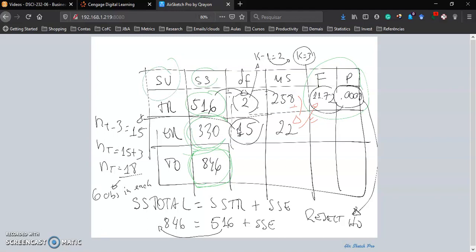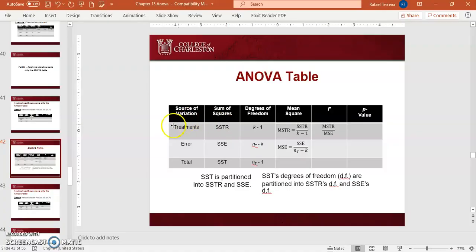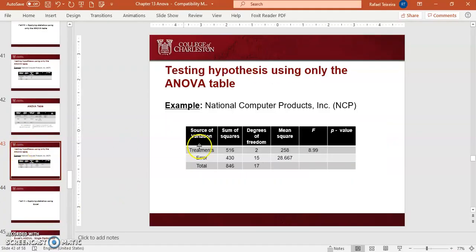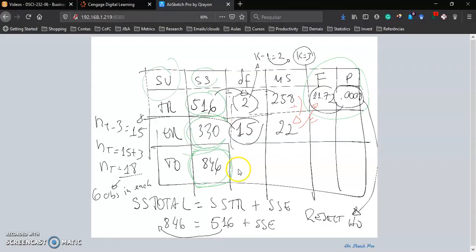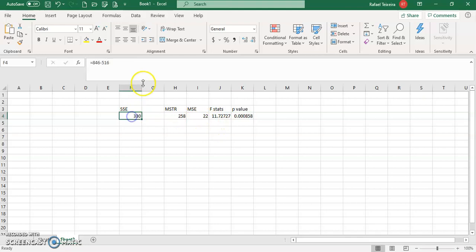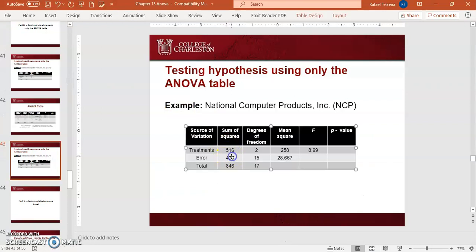Okay. Well, let's go back to the slides and see what the slides have. Did I do something wrong here? 530. Nope, that's correct. I think my slides have a typo here.